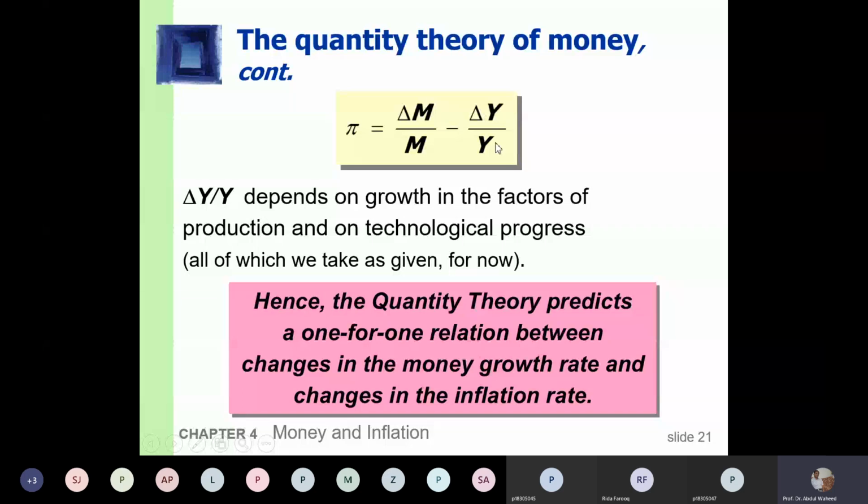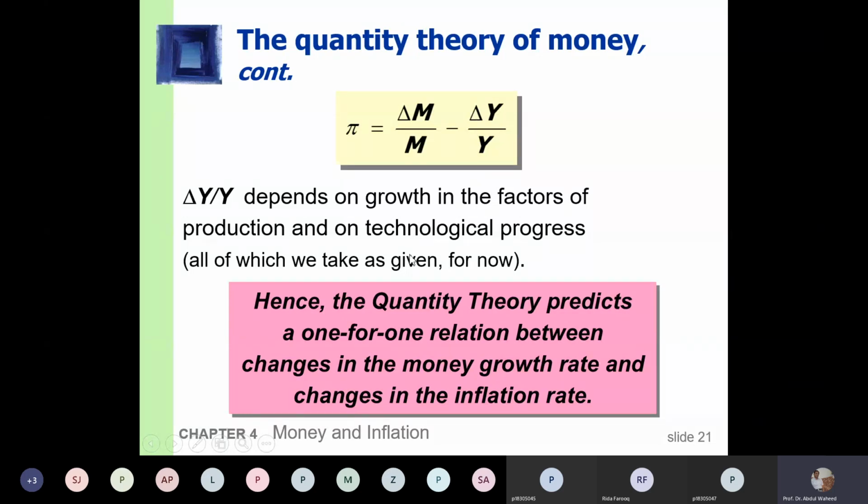Because if you change your money supply, then real output will not change, because real output depends on the factors of production and technology. So if there is a change in labor, change in capital, or change in technical knowledge, then real output will change.